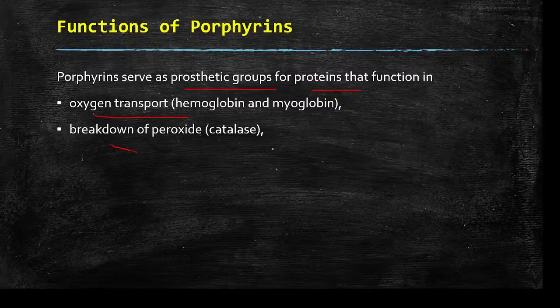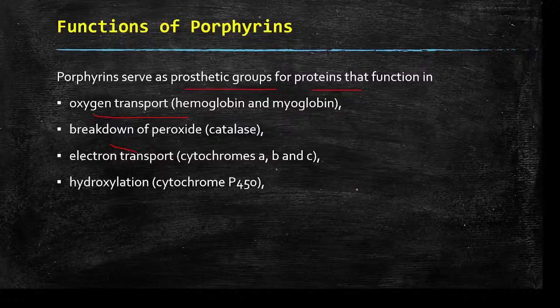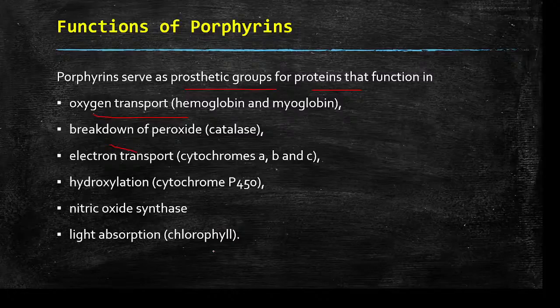They are part of catalase enzyme. They are part of cytochromes A, B, and C, which are involved in electron transport chain. They are part of cytochrome P450, which catalyze many reactions like hydroxylation. They are part of nitric oxide synthase enzyme. They help in light absorption in plants, because they are part of chlorophyll.